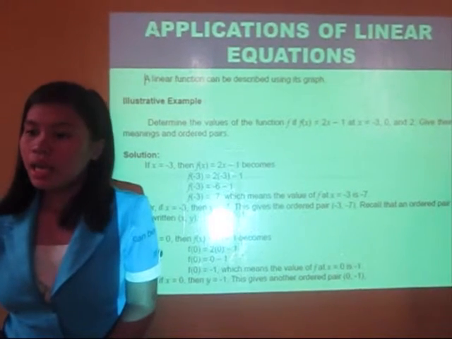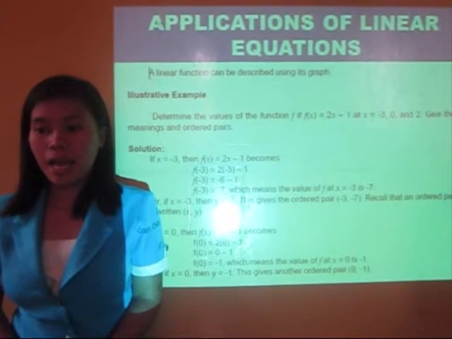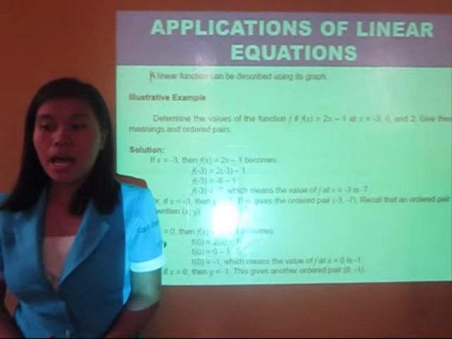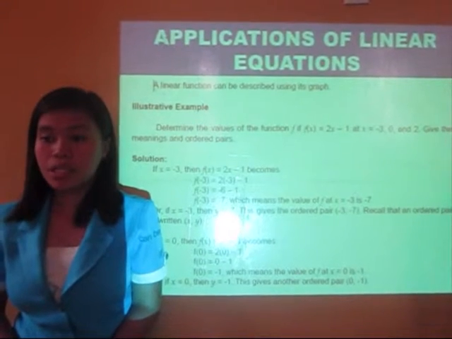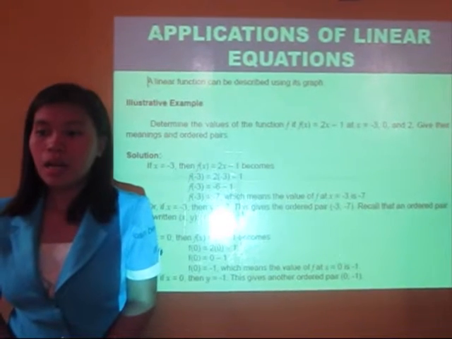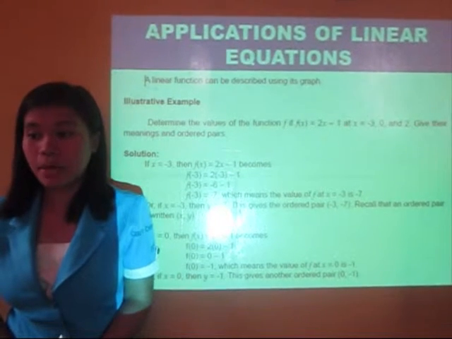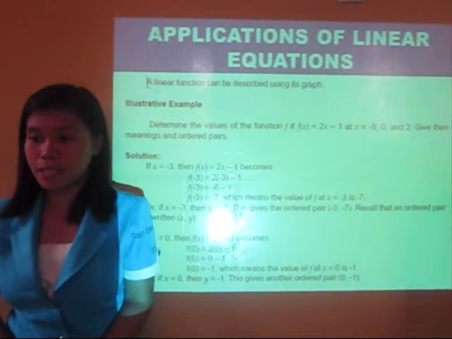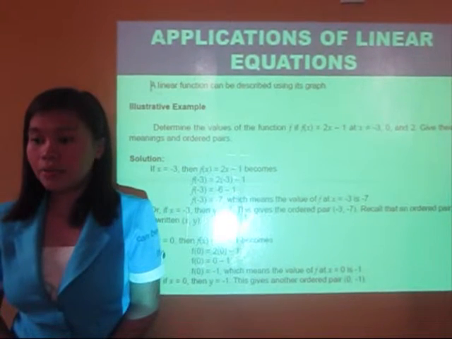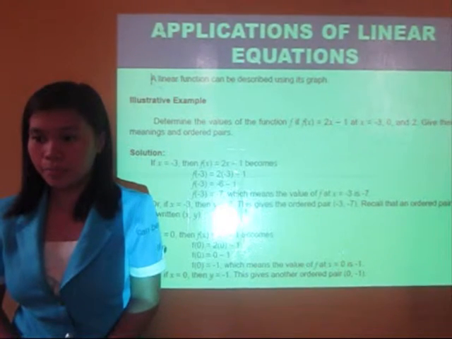Solution. If x is equal to negative 3, then f of x is equal to 2x minus 1 becomes f of negative 3 is equal to 2 times negative 3 minus 1. And when you multiply 2 and negative 3, you have negative 6 minus 1 is equal to negative 7, which means the value of f at x is equal to negative 3 is negative 7.